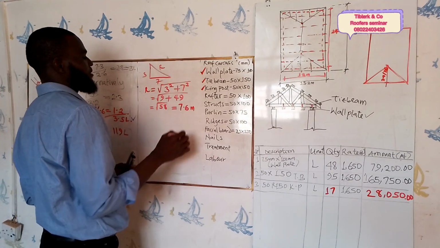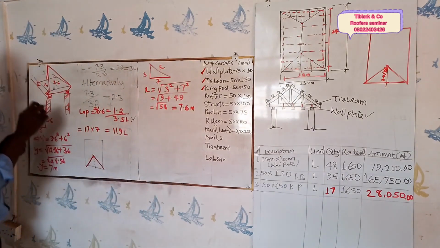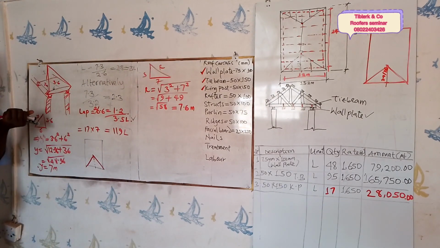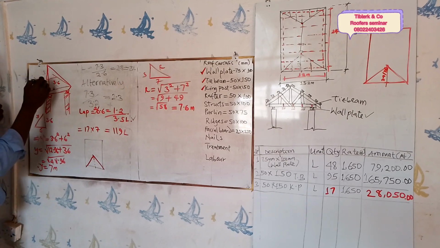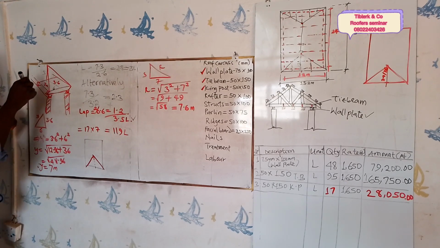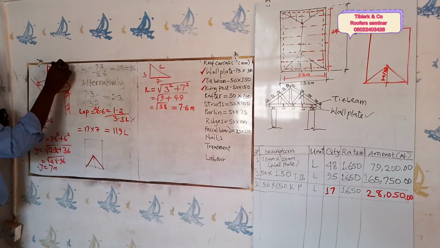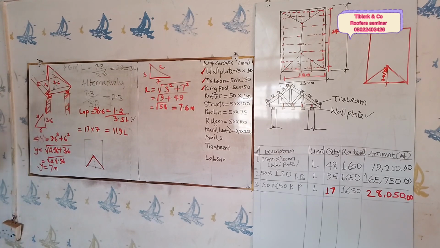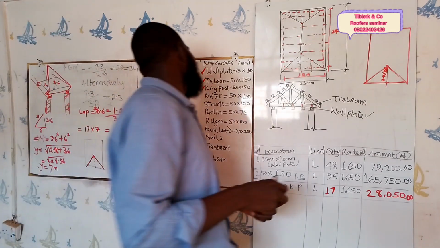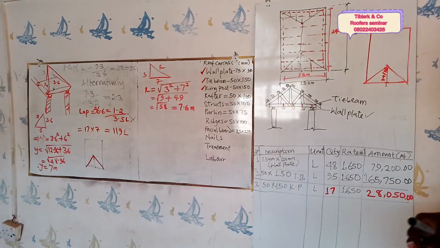So it means this will be 7.6 meters. That will be 7.6 meters. Are we good to go?